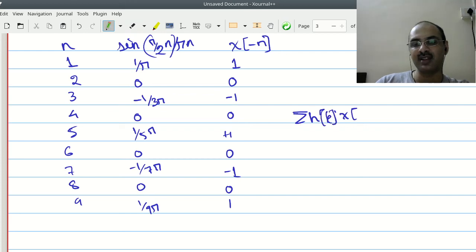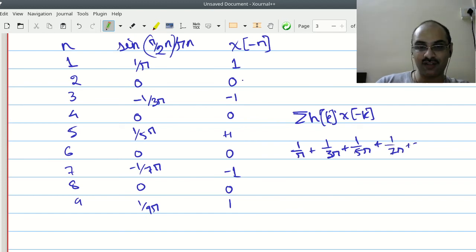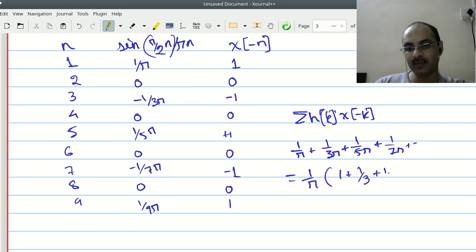So you have this minus k over here. If you do this multiplication for the positive terms, you get 1 upon pi plus 1 upon 3 pi plus 1 upon 5 pi plus 1 upon 7 pi and so on. Notice that this x of n is bounded because its magnitude is never more than 1, it's always 1. So this is actually 1 upon pi times (1 plus 1/3 plus 1/5 plus 1/7 and so on).